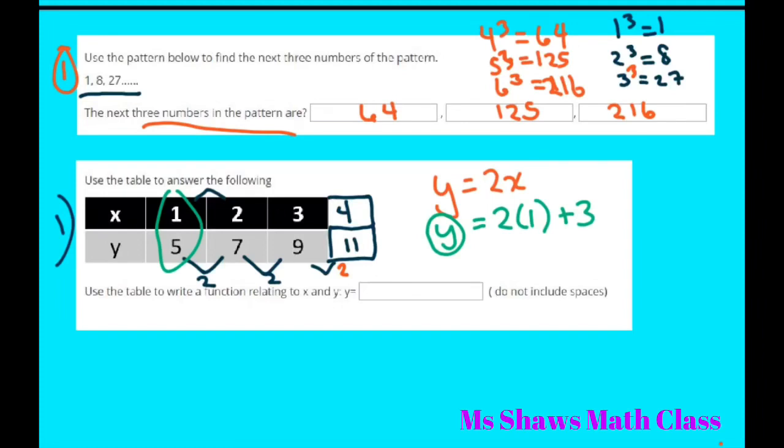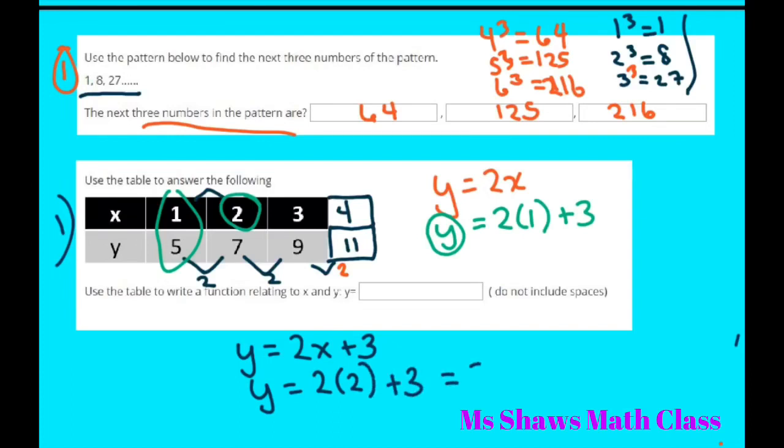All right, let's try another one. If we have y equals 2x plus 3, and the linear ones are a little easier than the cube ones, let's plug in 2. Y equals 2 times 2 plus 3 gives us 7, and that works, like this one gave us 5. And let's check the 4.